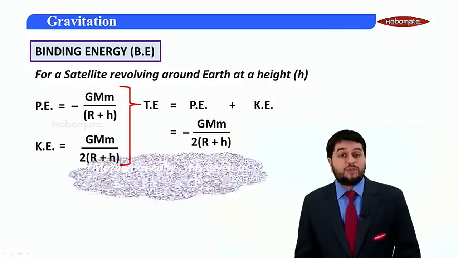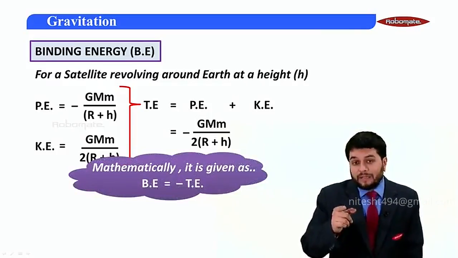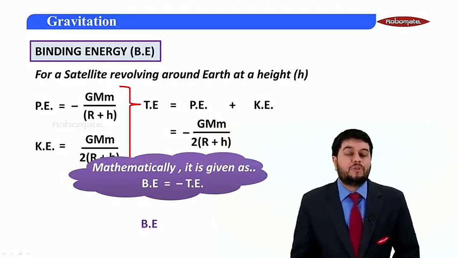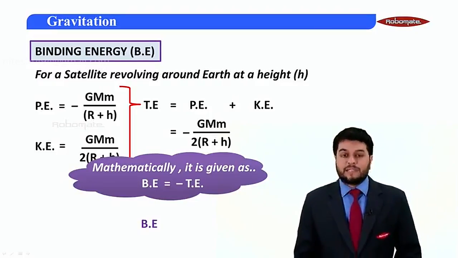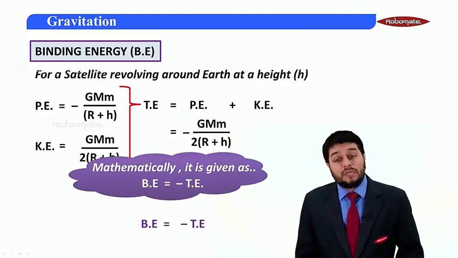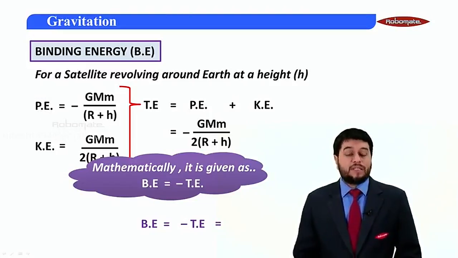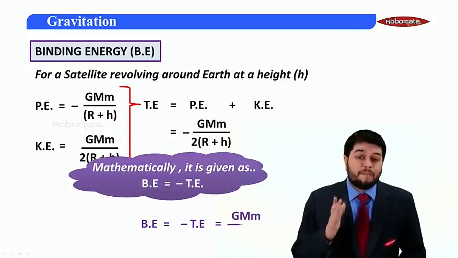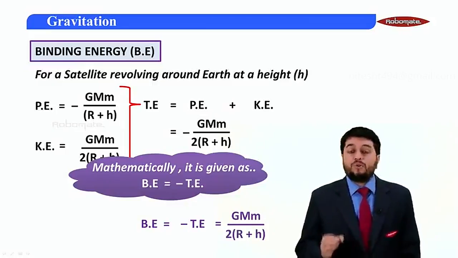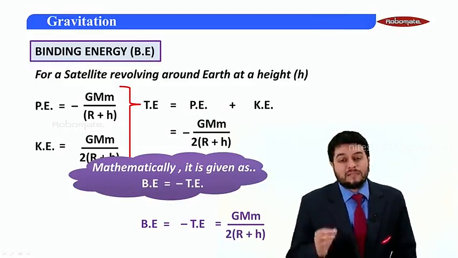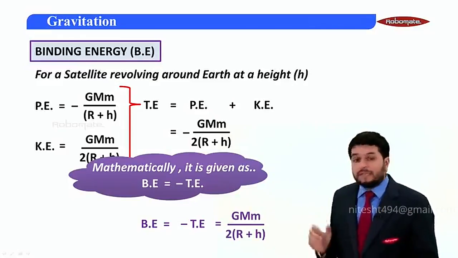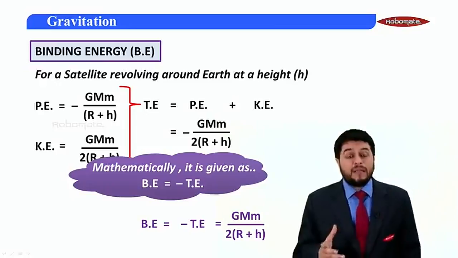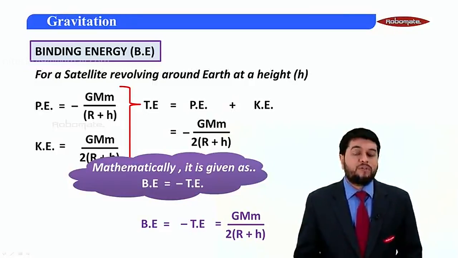Now if this is the total energy, mathematically you know that the binding energy is minus of total energy. So in this case, the binding energy will be equal to minus of total energy, that is minus of minus, plus. So plus GMm upon 2(R plus h). And this is your binding energy of a satellite revolving at a height with respect to Earth.